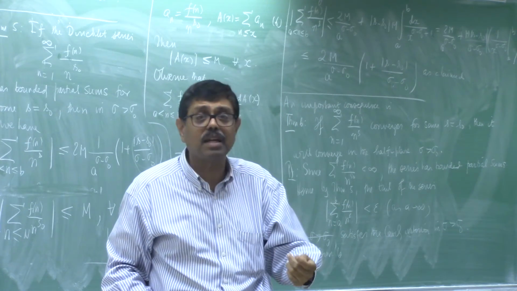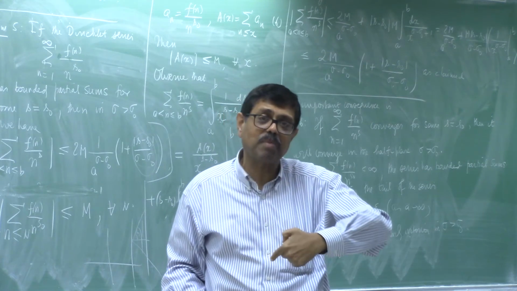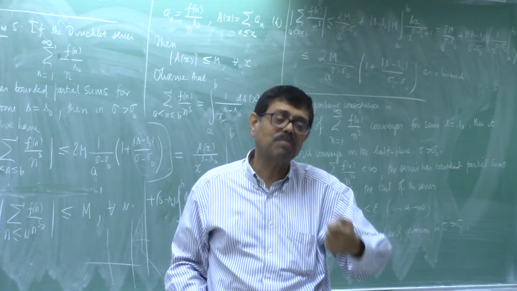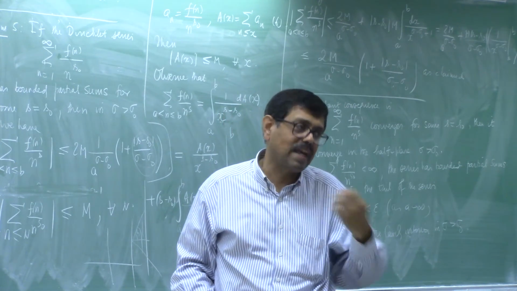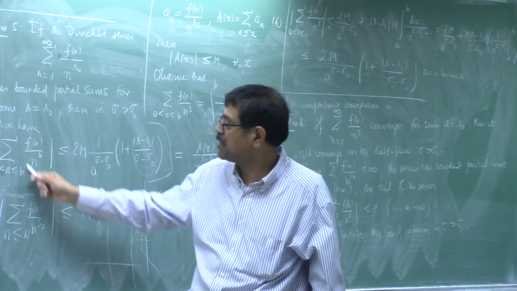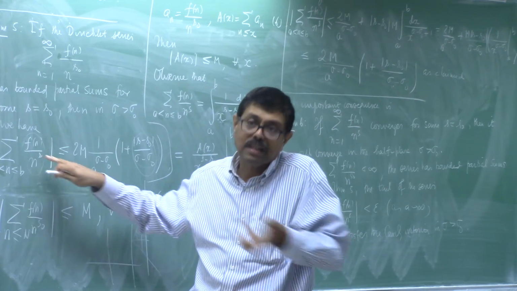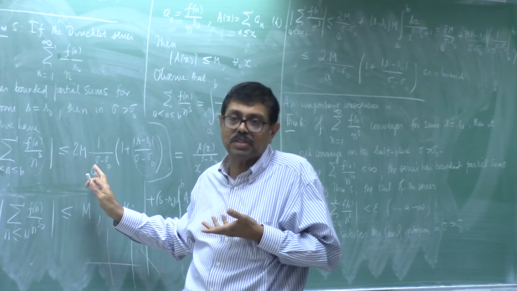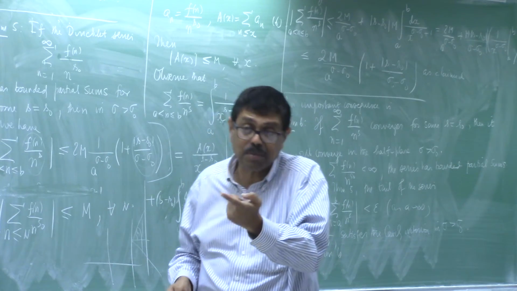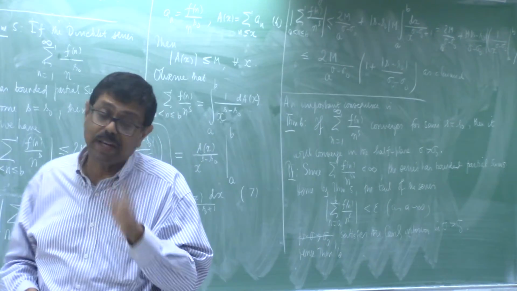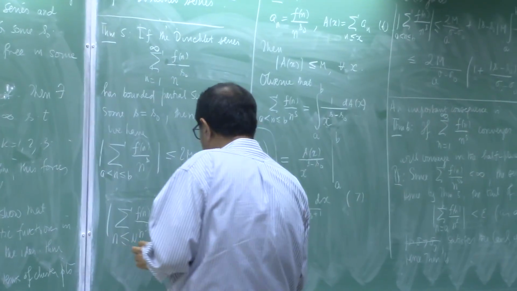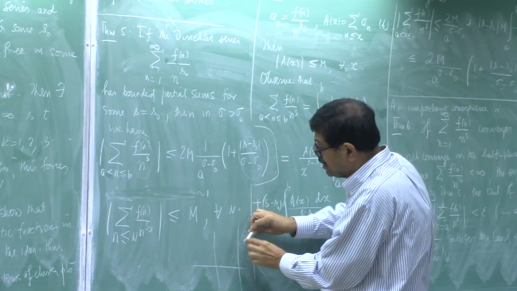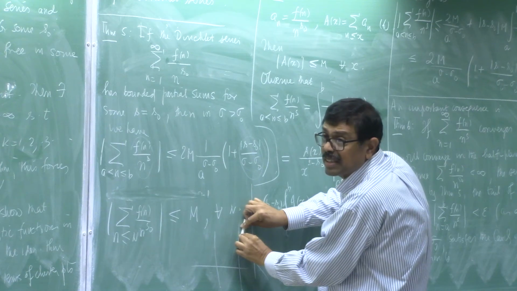So we first prove that there is uniform convergence in every sector, which means the function will be analytic in every sector, because we appeal to a theorem from complex variables that a uniformly convergent series of analytic functions is an analytic function. Each function here is analytic individually, and it is a uniformly convergent series because of this. And therefore, we're getting something stronger. In every sector you will have analyticity, but I can go on increasing the sector.